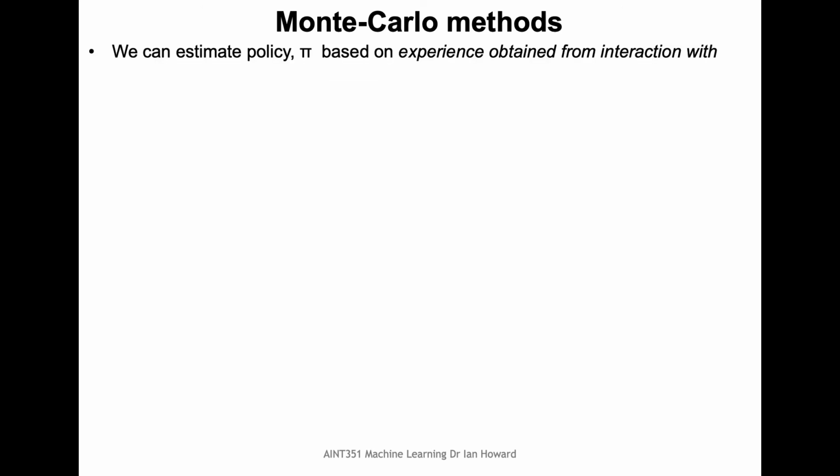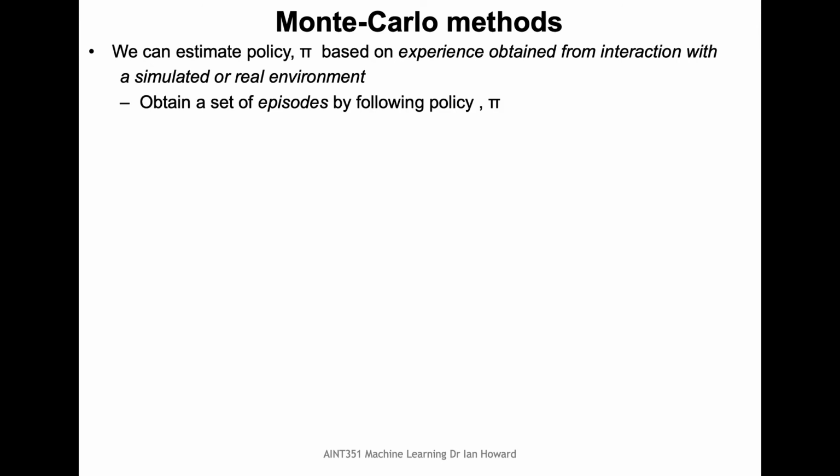So in methods such as Monte Carlo, we can estimate the value of a policy just by trying things out and seeing how we get on. So we don't need to have this prior model. We can run it in a simulated or a real environment and estimate what the value of things are just by experience.